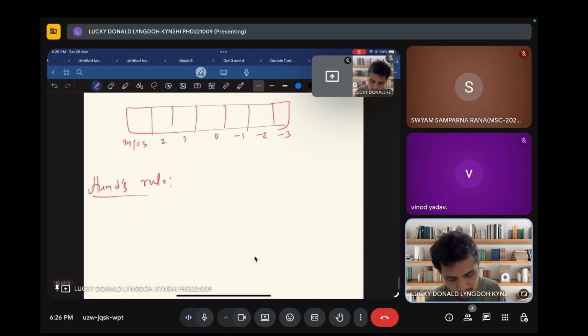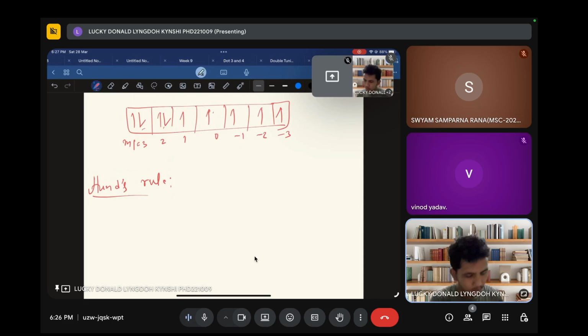So you can write here 1, 2, 3, 4, 5, 6, 7, with spin half. The remaining 2 electrons will occupy the orbitals with ML equal to 3 and 2.